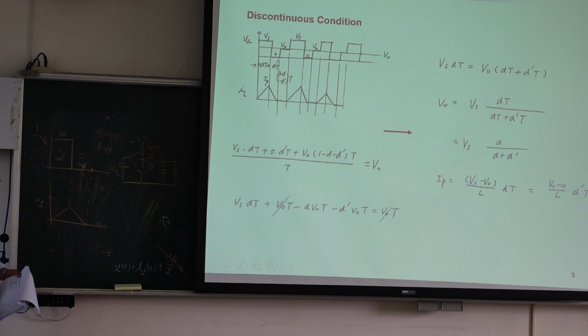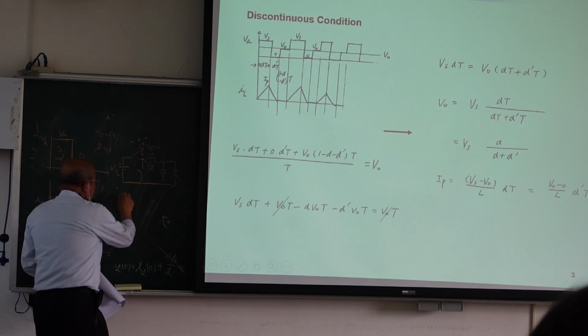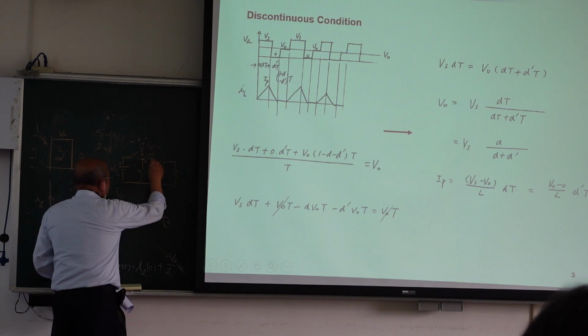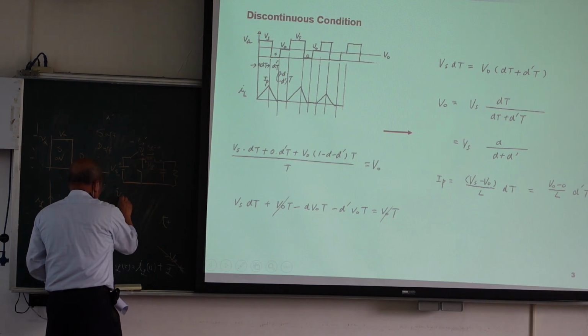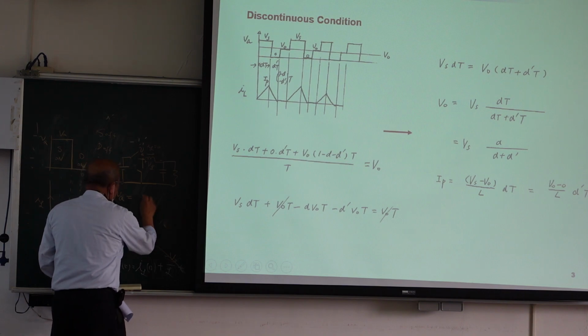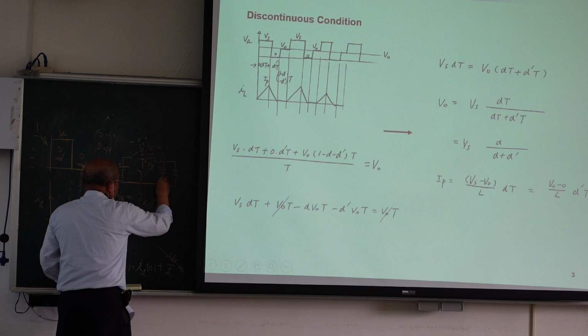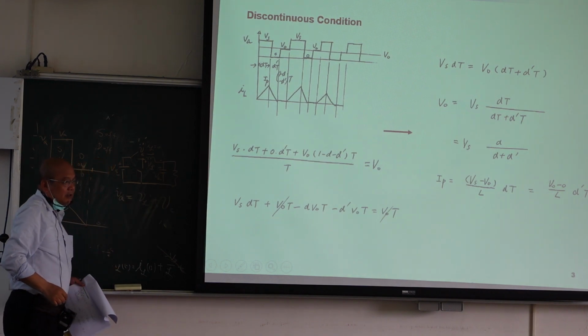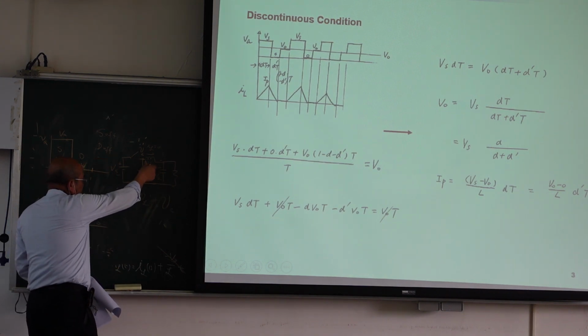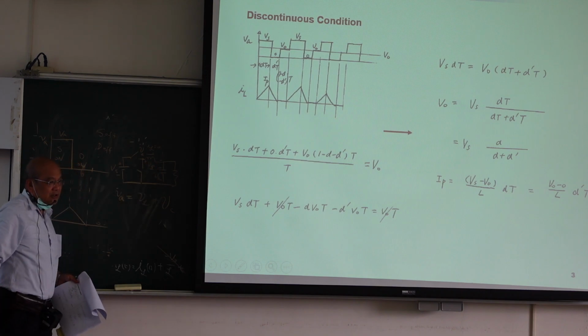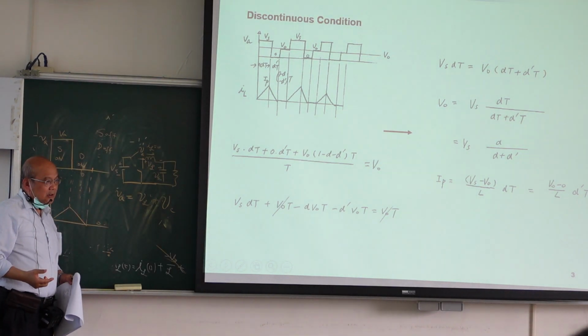How can you calculate VL? So how can you calculate VA? VA is VL plus VC. This is VC, right? So this voltage is equal to this voltage plus this voltage. Okay or not okay? Okay.